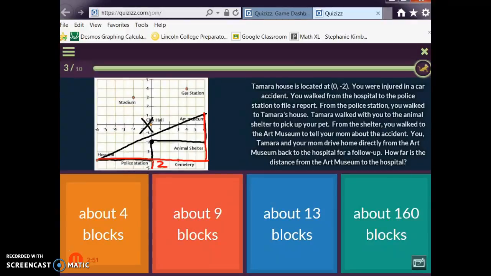That gives me another 5 blocks. So, using Pythagorean theorem, I can say 12 squared plus 5 squared will give me x squared. Well, 12 squared is 144 plus 5 squared, which is 25, will give me x squared.